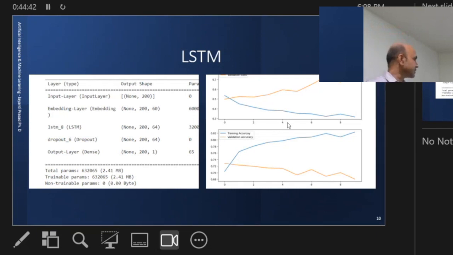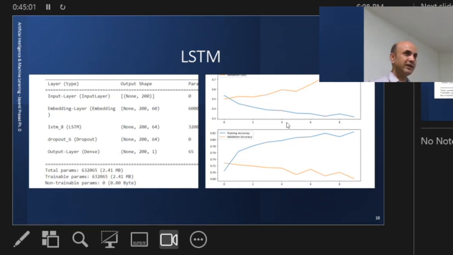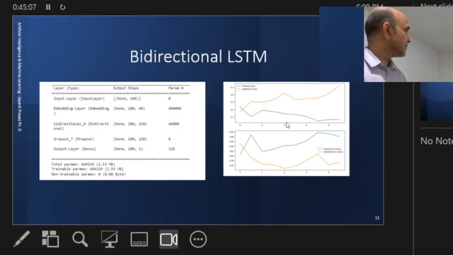In case you are still not clear about the number of parameters, how one finds the total number of parameters, I can explain later, or you can try to figure it out. On the right, you can see that loss is coming down for the training part, but not very much for the validation. Accuracy is going up for the training part, not for the validation. That's another issue, which is not of concern here.